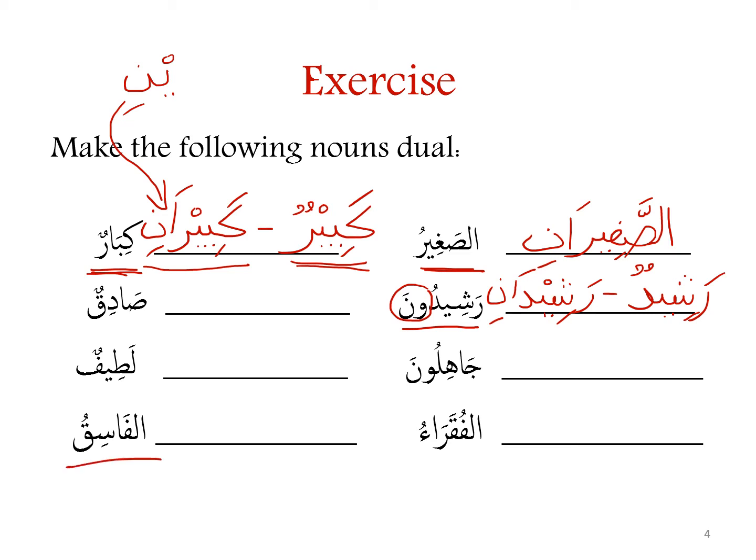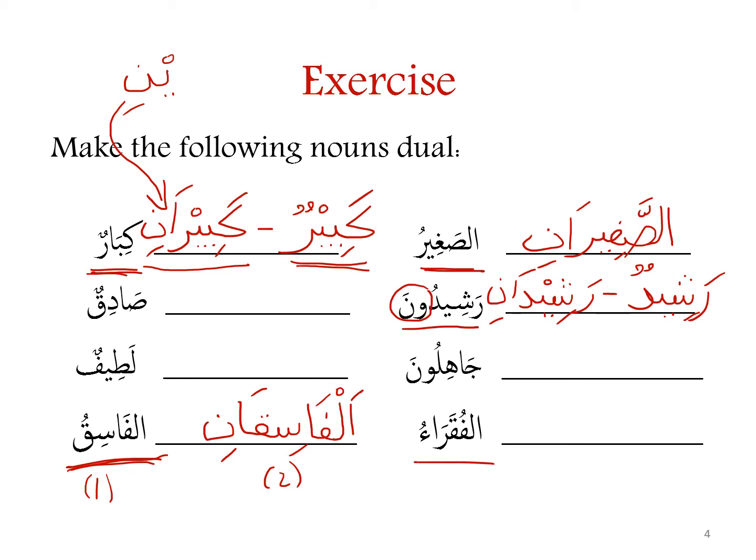If we look at this example here, al-fasiqu, this is one corrupt person, singular. It's already singular, so we don't have to change anything else. We can make it al-fasiqani, which means two corrupt persons.